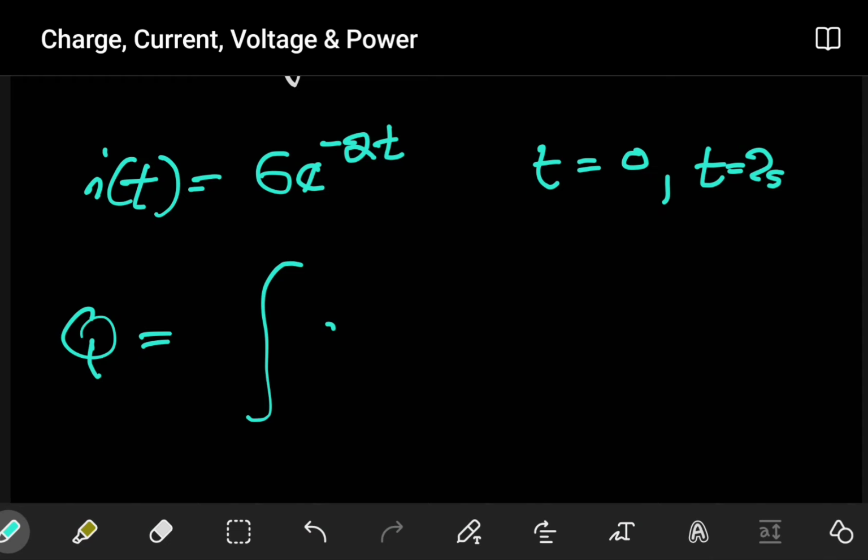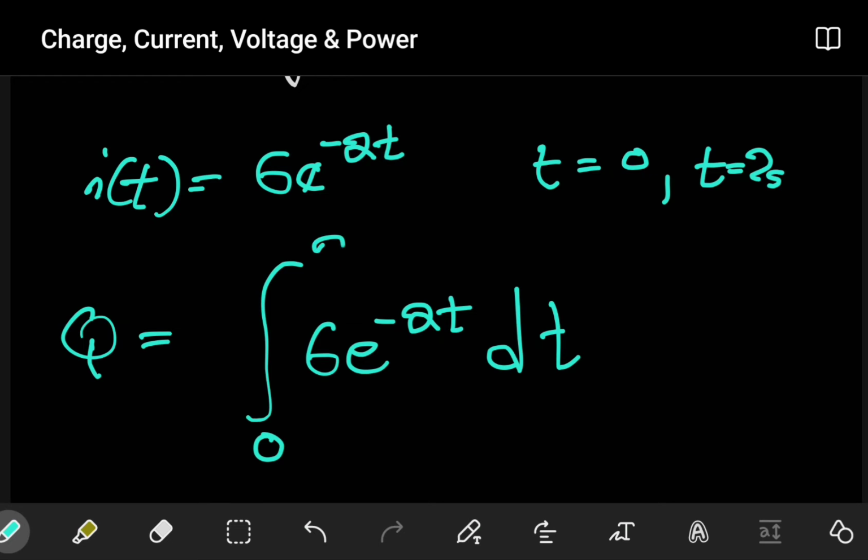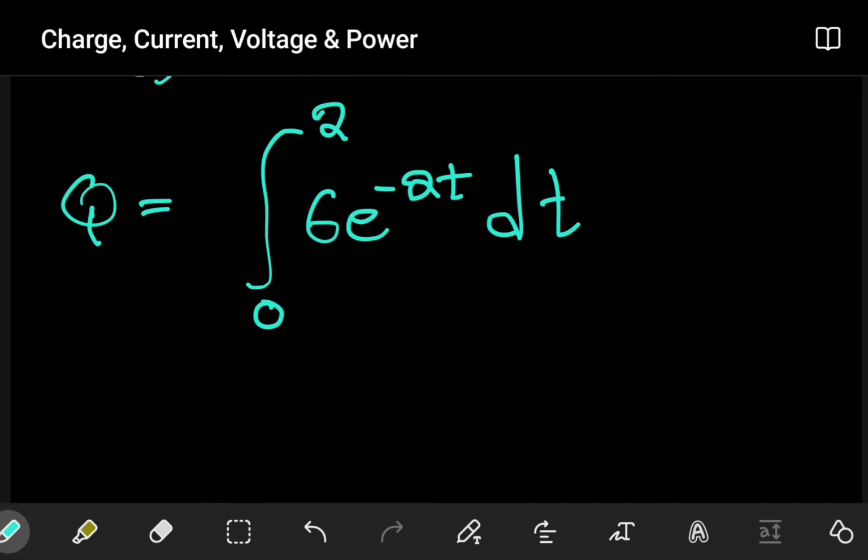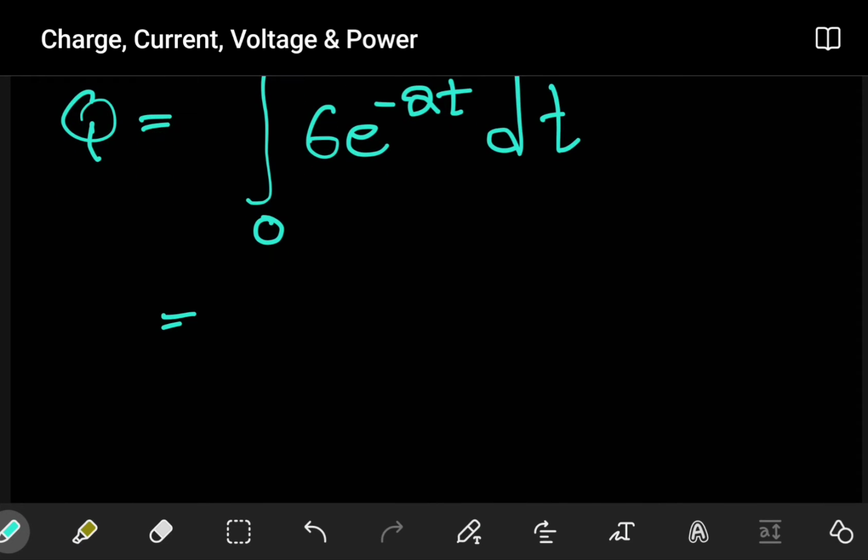In this case, i is 6e to the minus 2t and then dt. Our limits here, time is changing from 0 to 2 seconds. So how do we continue this? First, we have to integrate, of course. 6 is a constant, so it comes out.